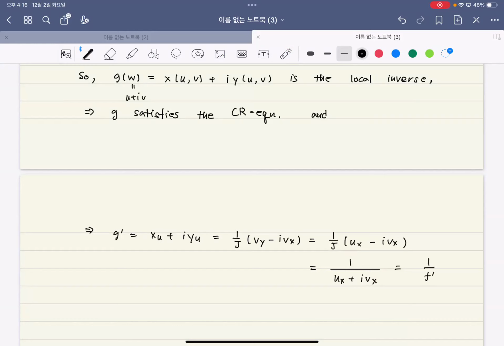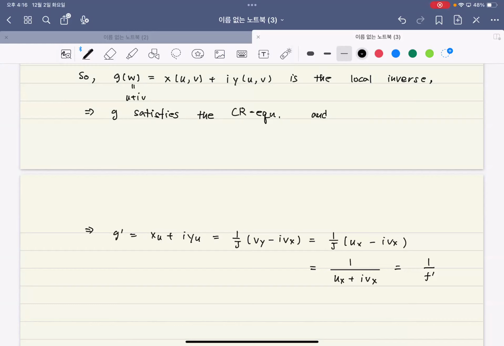So we were able to derive exactly the same conclusion as we did in freshman calculus. If an analytic function has a non-zero derivative at a point, then it allows a local inverse, and its derivative, which is g prime, is the same as 1 over f prime.